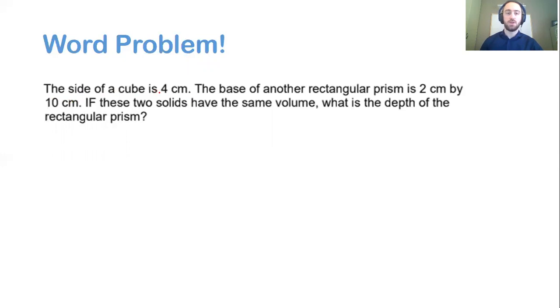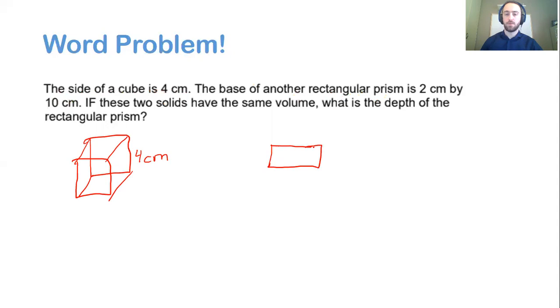So the side of a cube is 4 centimeters. The base of another rectangular prism is 2 centimeters by 10 centimeters.